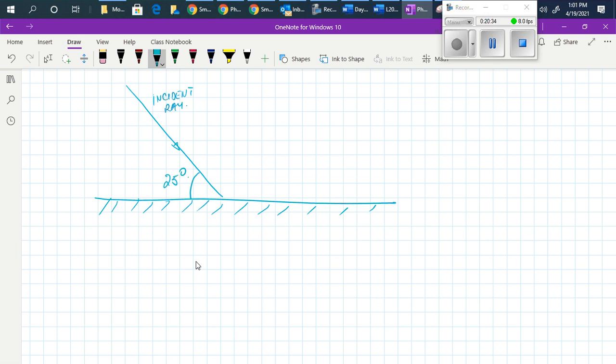This is not the incident angle, because the incident angle is the angle formed with the perpendicular. So it is this one here.